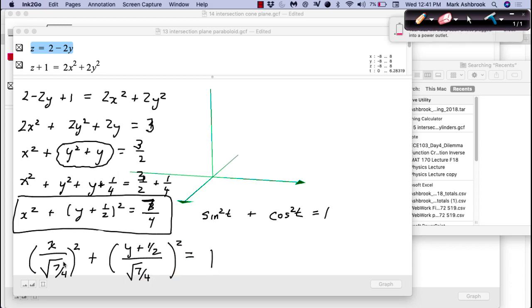Now I'm ready to say that could be cosine t, and that could be sine t, and solve for x and y.